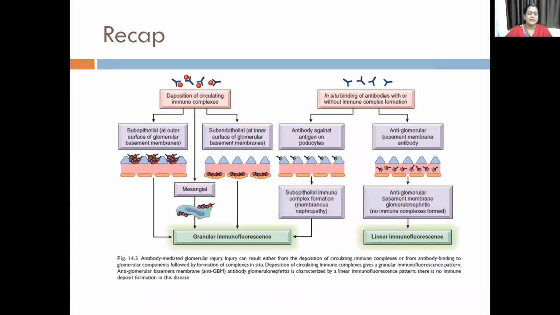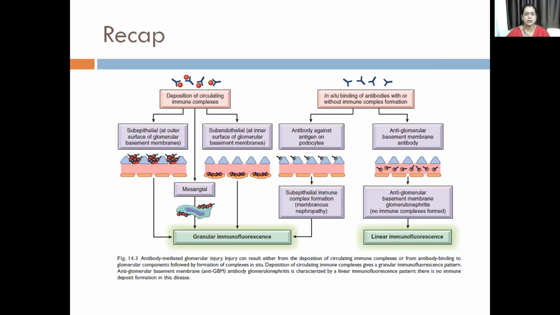So we have spoken about the pathogenesis or the response to the glomerular injury. So what happens when there is a glomerular injury? We know that there are a few cells in the glomerulus, right? The epithelial cells, the endothelial cells, the parietal visceral epithelium or whatever. So in response to any glomerular injury, the first thing that happens is hypercellularity.